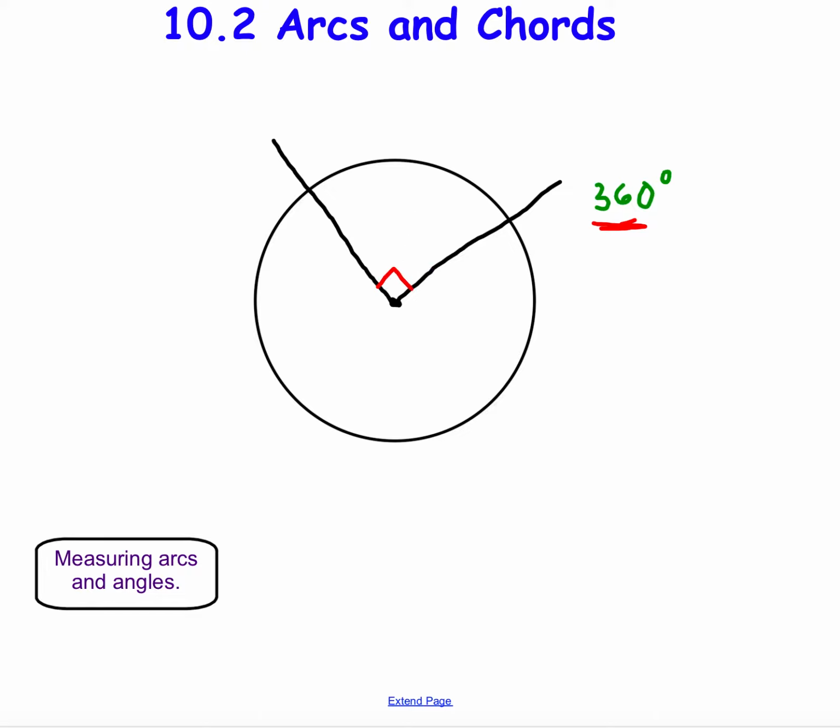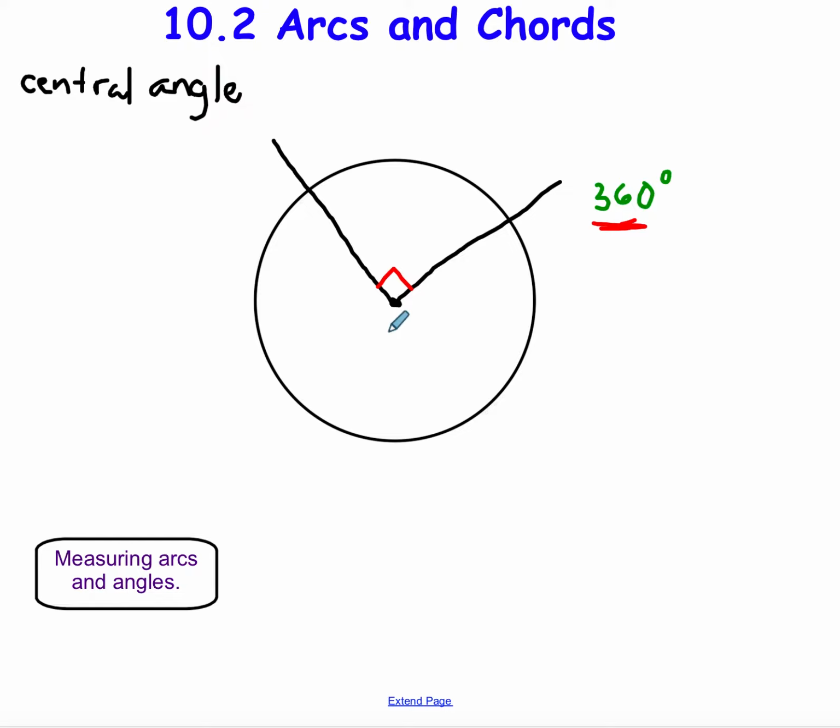First of all, this is a special type of angle called a central angle. And I'm going to write that down. A central angle. An angle that comes from the center of a circle is called a central angle.